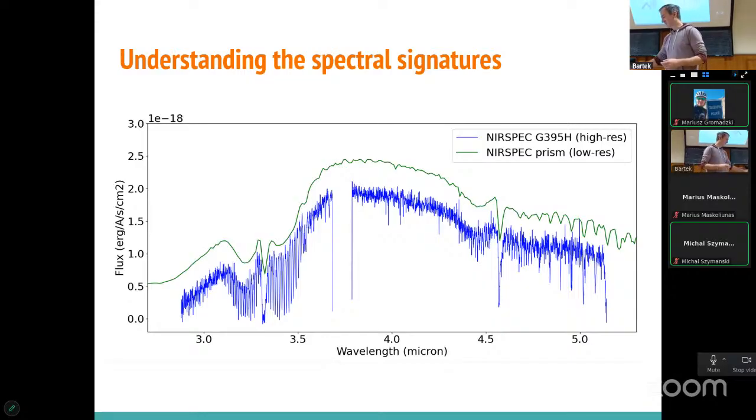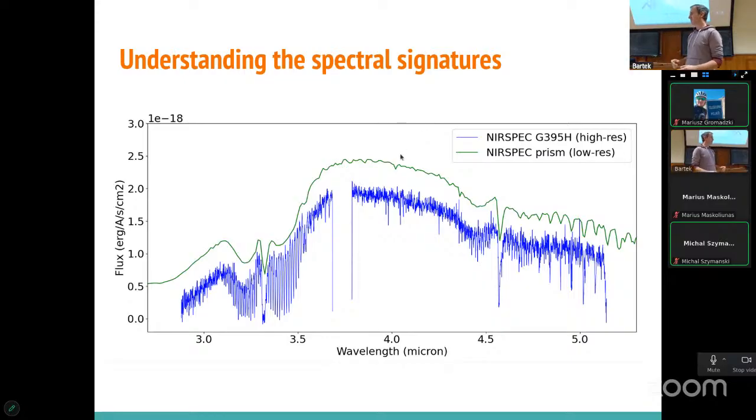And this was still too low to even try to compare the standard classical models of brown dwarfs to these observations. So in this work, we did not even try to fit the full spectra, but we tried to understand a bit more about what features we see here and what features we don't see.